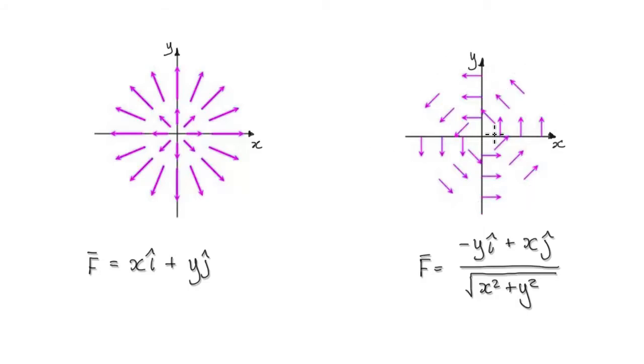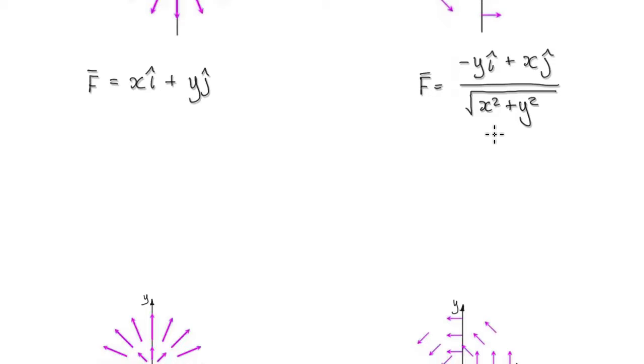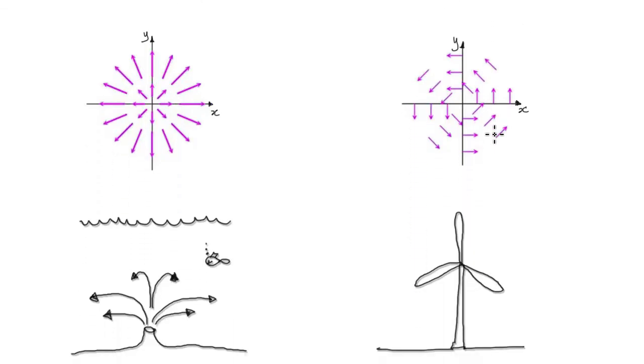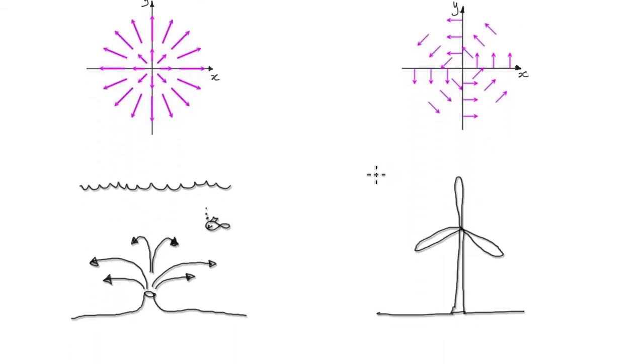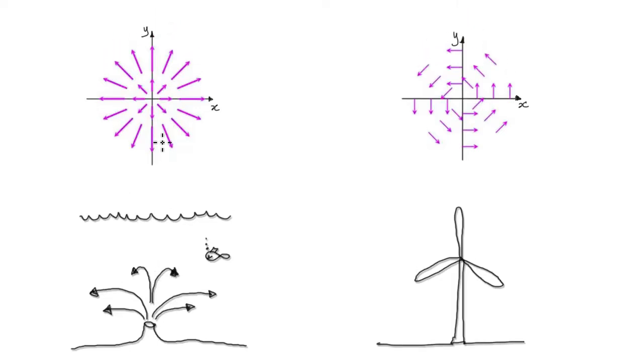So for example, if you want to model, let's say, an under ocean deep sea vent, or an underwater volcano, you might want to use something like this. If you drop, let's say, a shrimp around here, the shrimp will be pushed in this direction.